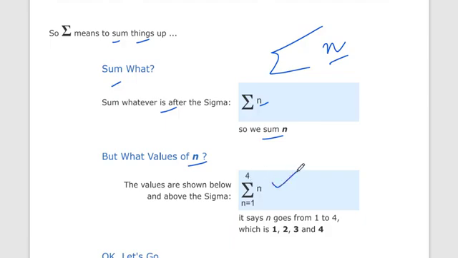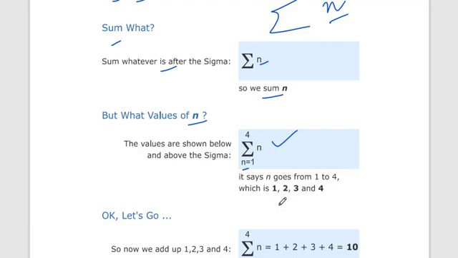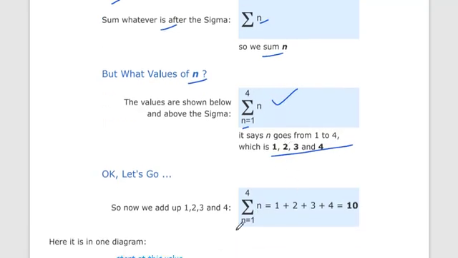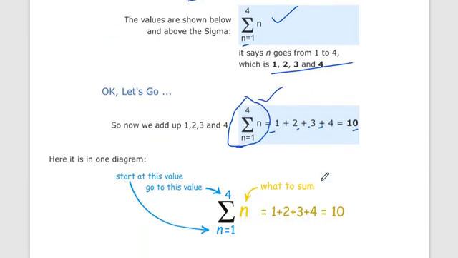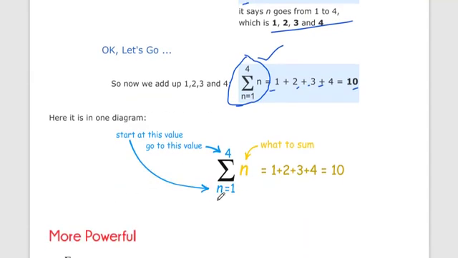It says n goes from 1 to 4, which is 1, 2, 3, 4, and we sum these 4 terms. So 1 plus 2 plus 3 plus 4 is equal to 10. This is how we use sigma: where to start, where to end, and what to sum. This is the basic of sigma.